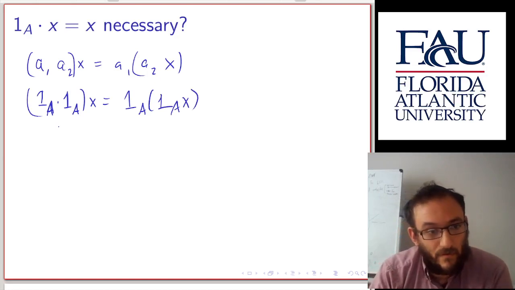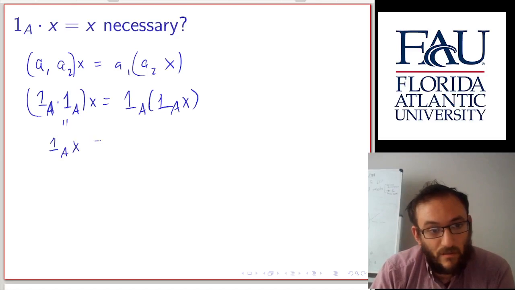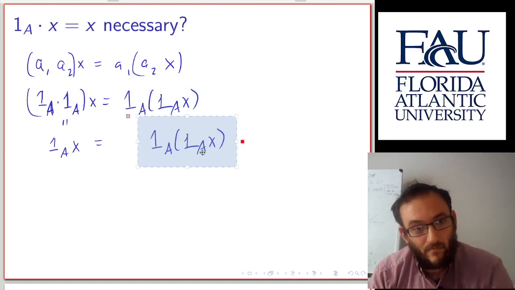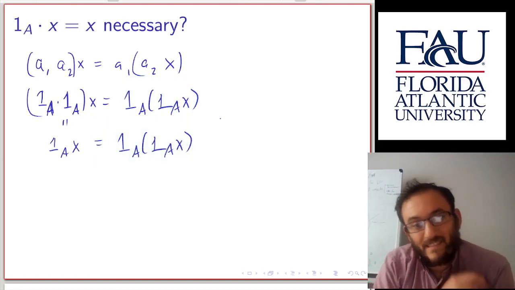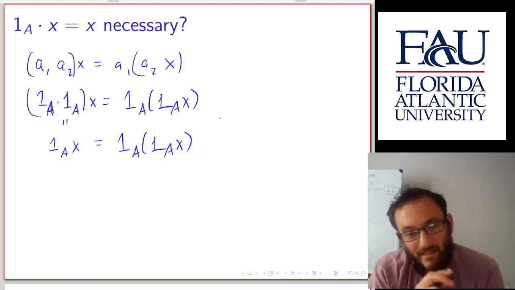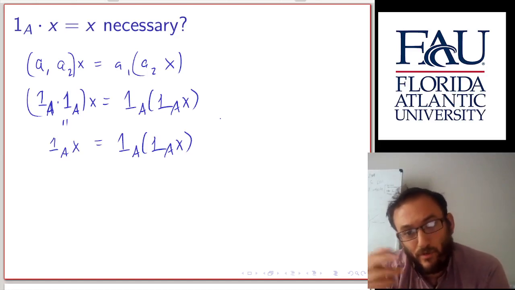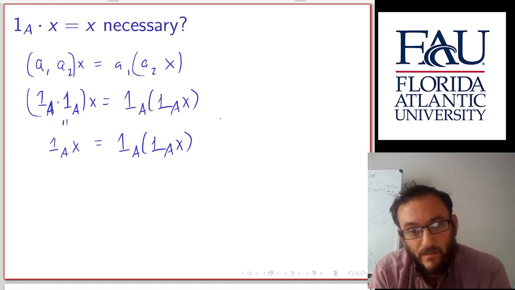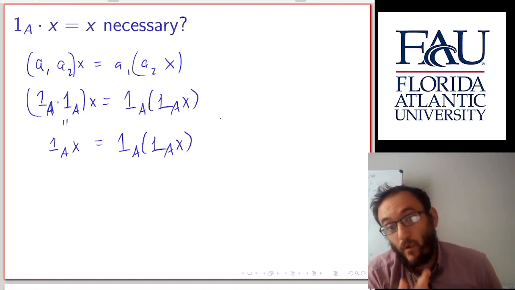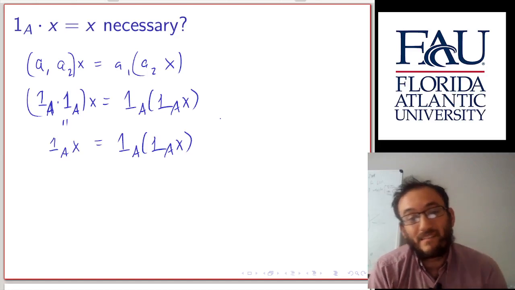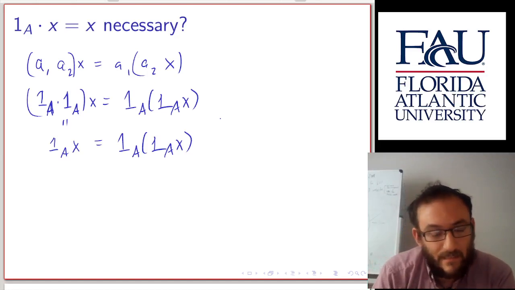Okay, so in other words, this is going to be equal to this. But that doesn't mean that the ring identity acts as the identity on the elements of the module, because it could just mean that it's a projection operator, right? This tells you that it's idempotent, meaning if you do it once, it's the same thing as doing it twice, but it doesn't tell you that it's actually an identity.